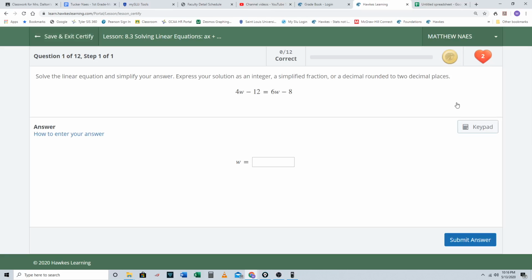All right. So here we have variables on either side of the equation.